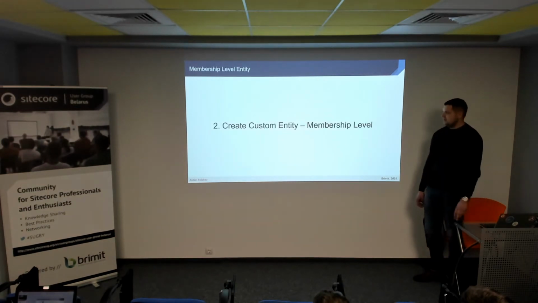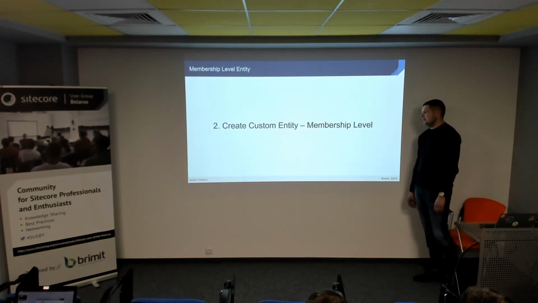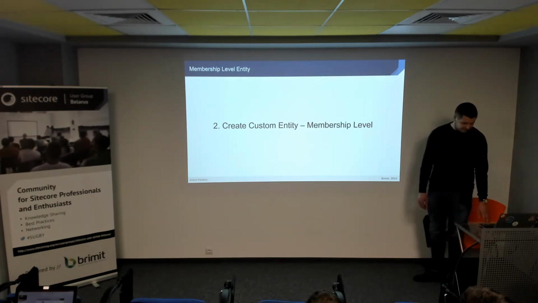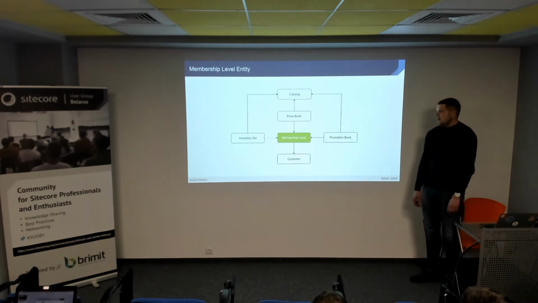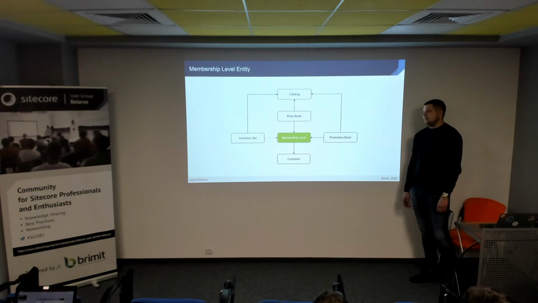The second option is to create a custom entity, like a membership level entity. What needs to be done? When we introduce a new kind of entity, we need to support how we can manage it.